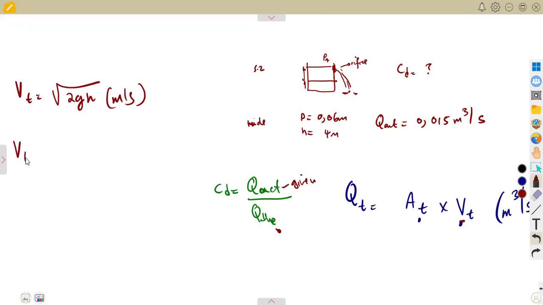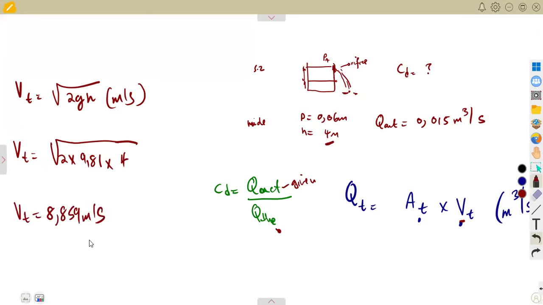So our theoretical velocity is going to be the square root of 2 times the gravitational acceleration of 9.81, then times the head, which is the height there of 4. That gives us something like 8.859 meters per second. So we have got VT, the one that we need in our calculations.